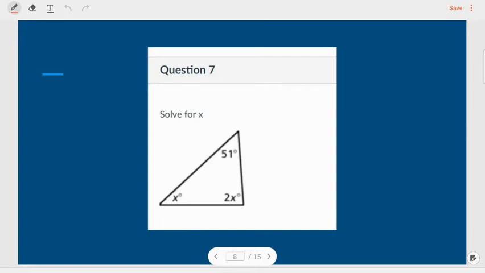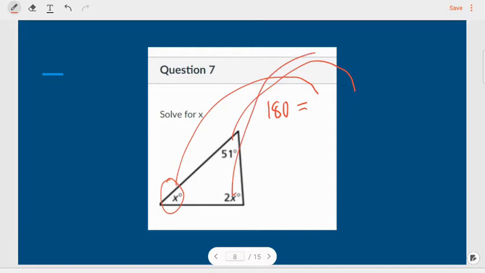So I've got a similar one. You can take a second and try this one on your own if you haven't already. I've got all the inside angles of a triangle. So again, I'm going to write 180 equals, and then add them all together: x plus 51 plus 2x. Combine my like terms. 180 equals 3x plus 51, minus 51.